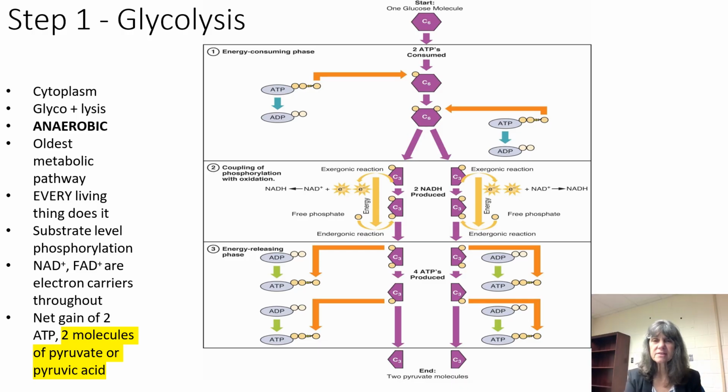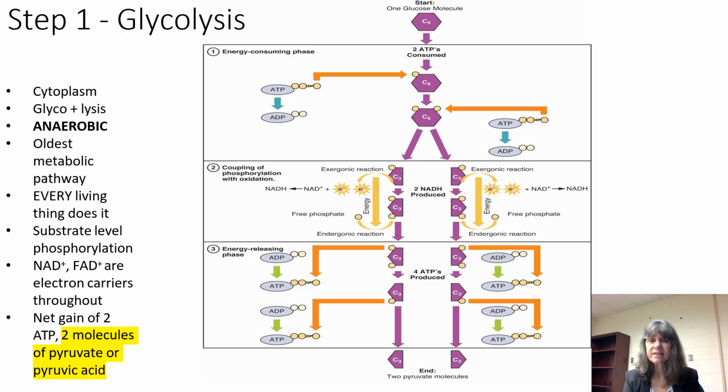with 6 carbons is going to come into the cytoplasm of the cell, and at this point we actually have to use 2 molecules of adenosine triphosphate, where those molecules of adenosine triphosphate will lose that third phosphate molecule, and the glucose becomes phosphorylated with 2 phosphate groups.